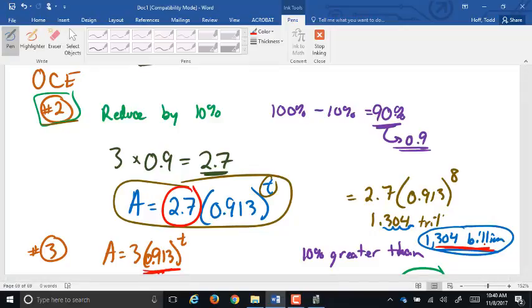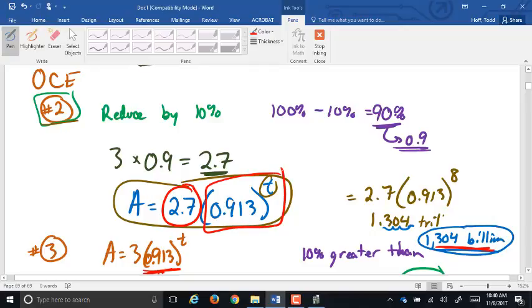If we were to do a table, the starting value doesn't change this factor right here. This 0.913 to the power of t is going to be the same every year, no matter what the starting value is. So whatever percent you change the starting value, that's the same percent every year changes.